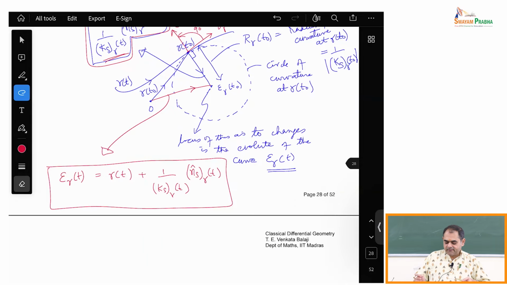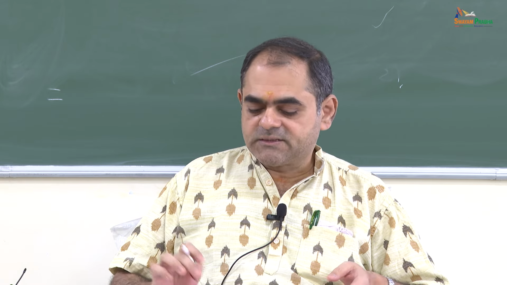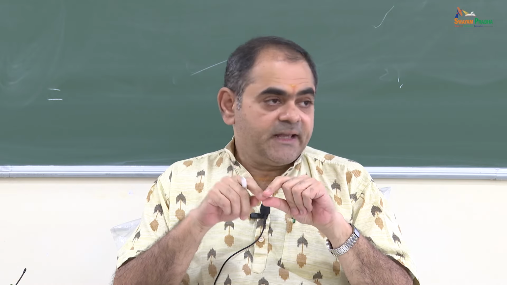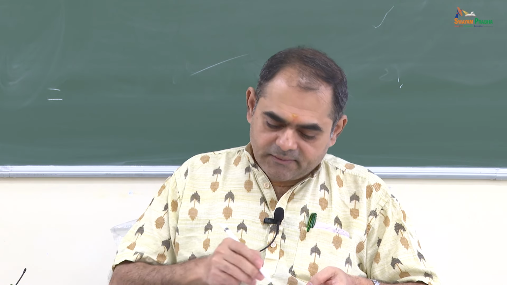And so the first thing one would like to understand is that the evolute is the envelope of the normals to the curve. So here is the first fact.